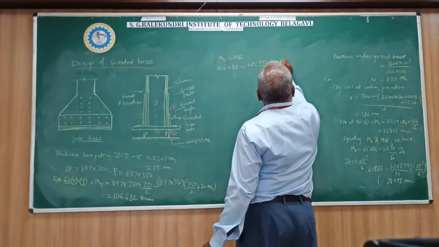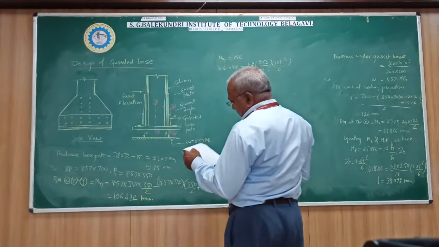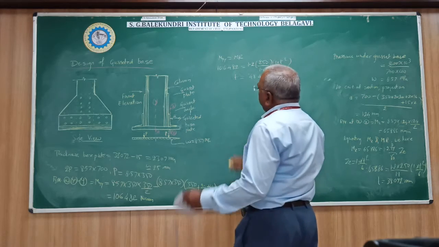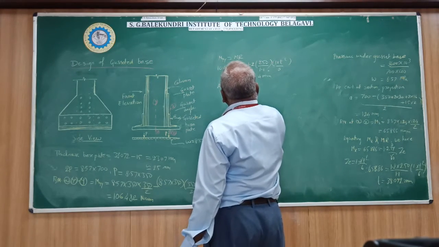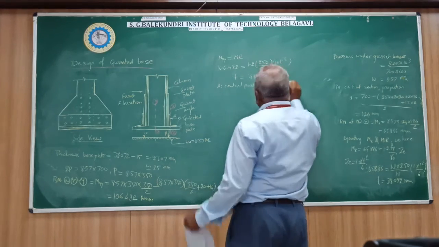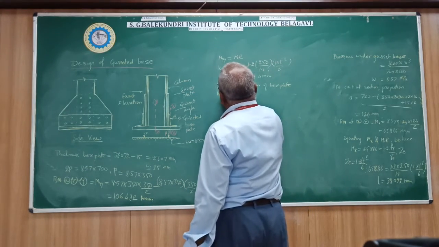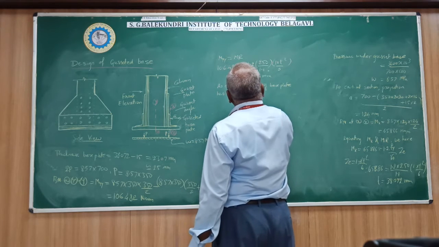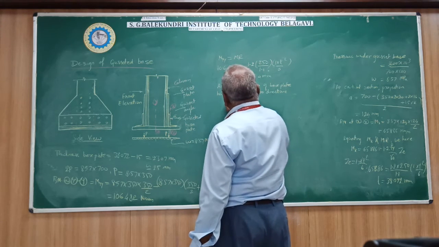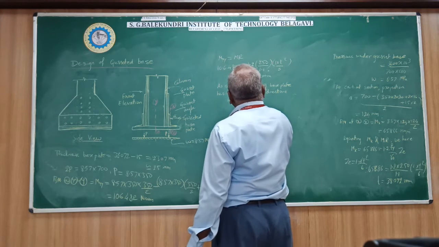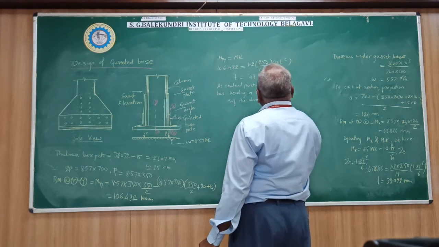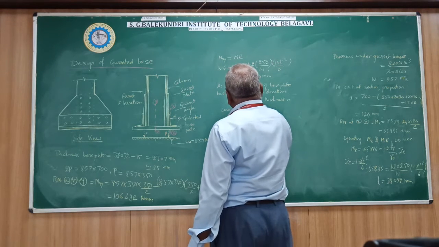So Ze is 1 into T square by 6. So T from this equation will be 48.44 mm. As the central portion of the base plate has bending in two directions, therefore half the above thickness is considered for the base plate.